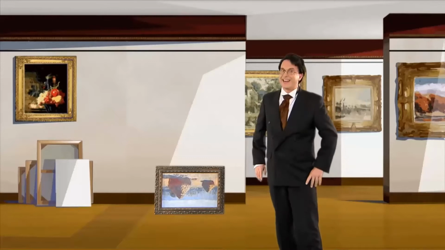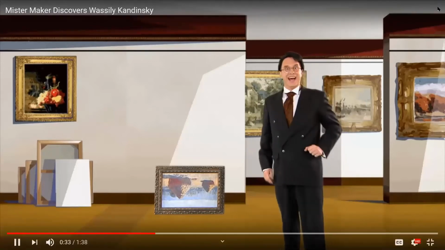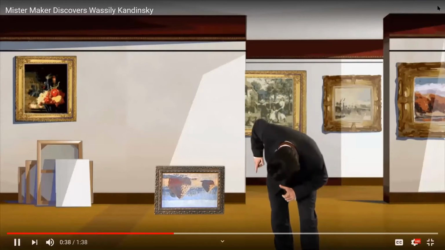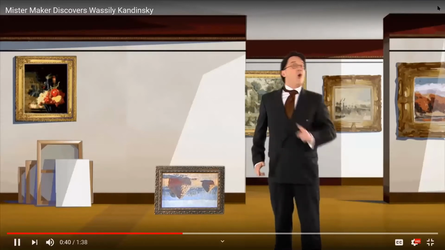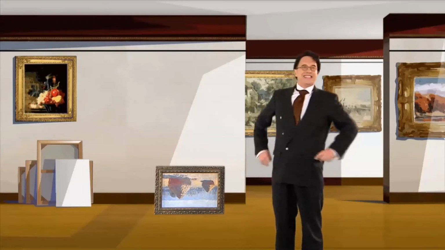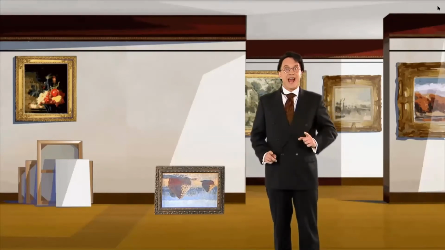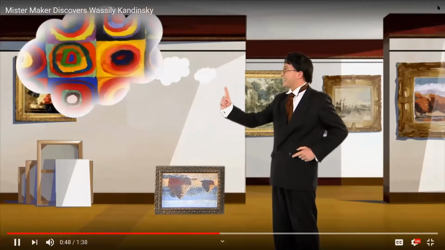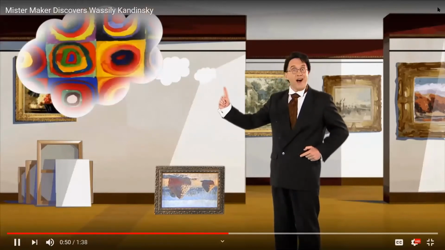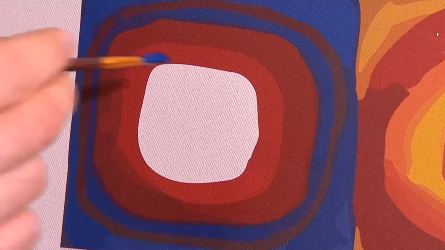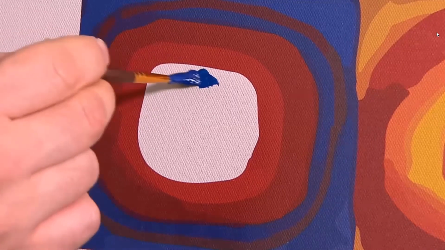Oh, I like it. I like it a lot. It was at that moment that Kandinsky had a brilliant idea. All visitors must walk on their hands. No, wait, I've got an even better idea. That's it. Abstract art. Kandinsky began to paint using different lines, shapes, and colors, rather than normal, everyday things.